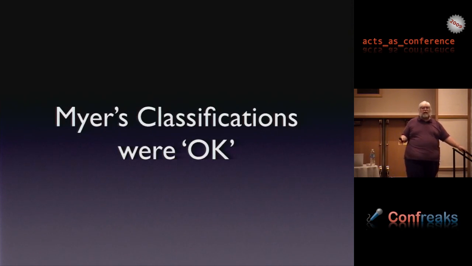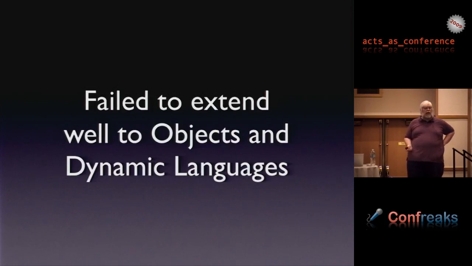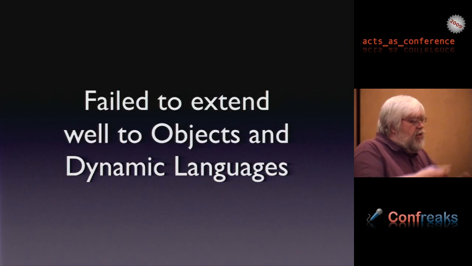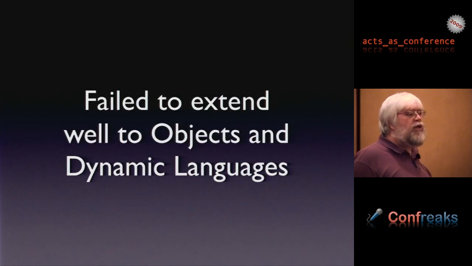Okay. These classifications from Glenford-Myers are okay. I use them and I lived by them for a number of years, but I found that when you got into object-oriented design and object-oriented language, and specifically dynamic languages, these kinds of categories tended to fail. Especially with dynamic languages, structured data is not a layout in memory that's hard to change.